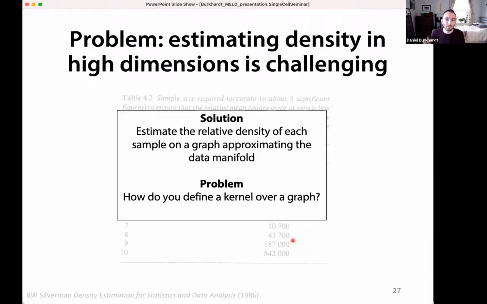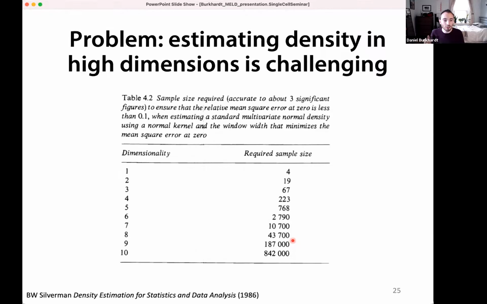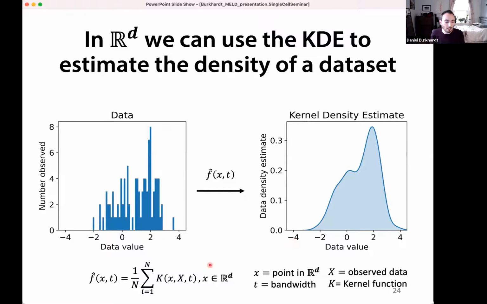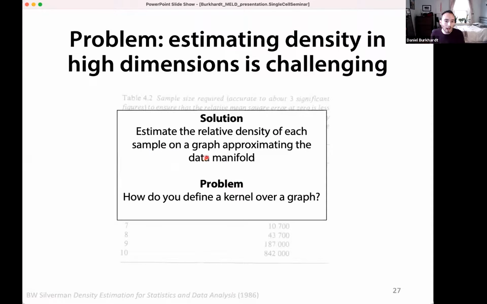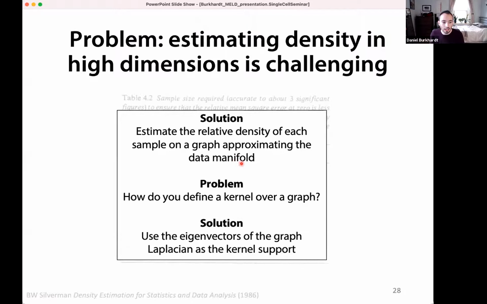But now there's sort of a different problem here. The function that I showed on this slide requires a kernel function that's defined over the domain of the data. Here I'm looking at the space of real numbers. But once we start to do this estimation over a graph, we're no longer looking at real numbers. We have a discrete space. And so we need to have a new kind of kernel that we can then use to estimate the density of each of the samples.